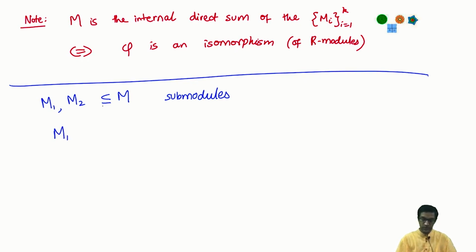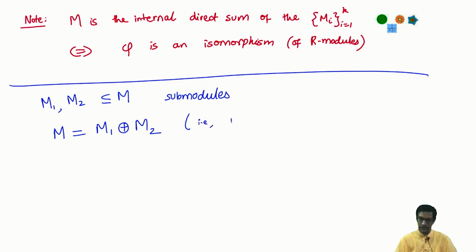So what does it mean to say that M is the internal direct sum of M1 and M2? We will now denote it like this: M equals M1 direct sum M2. In other words, it's the internal direct sum. We'll just use the same notation for both direct sums, internal or external.